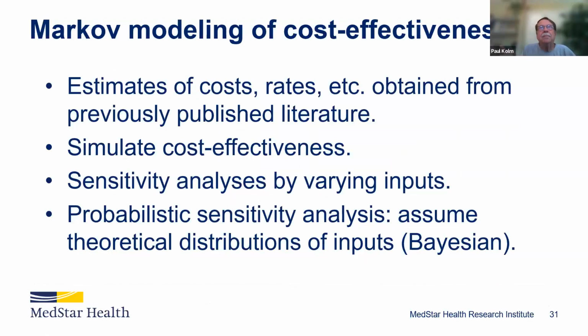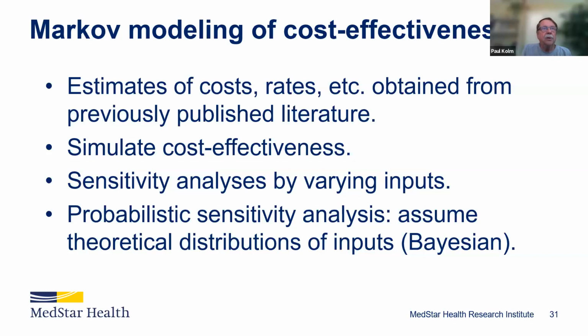Okay, so let me then turn to doing Markov modeling, where we don't have individual patient data, so we have to get estimates of costs, rates of our event, or whatever else we are going to look at. And essentially, these are typically obtained from previously published literature.